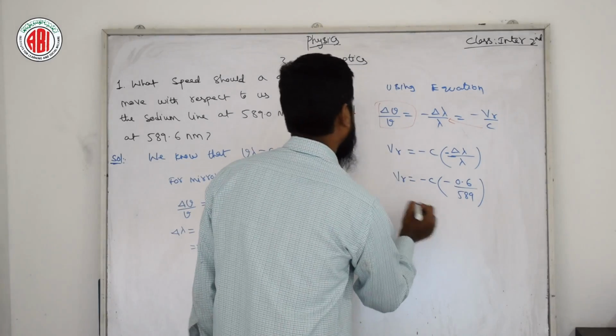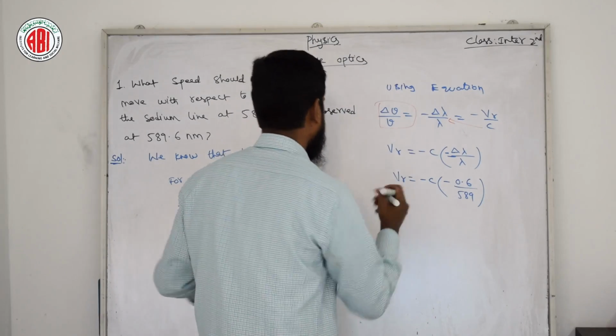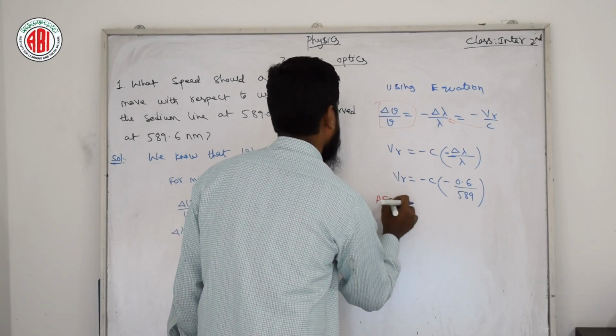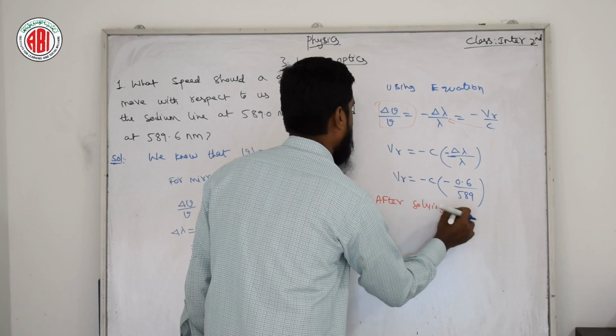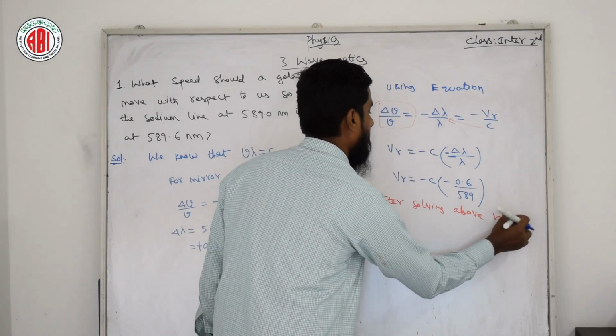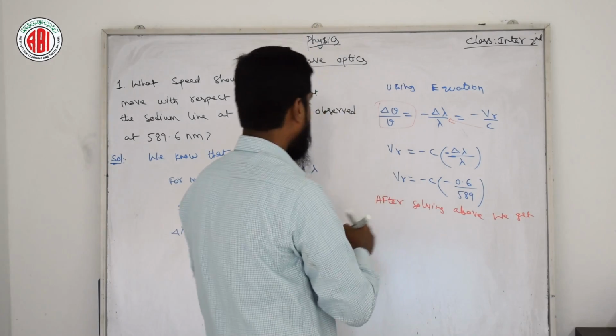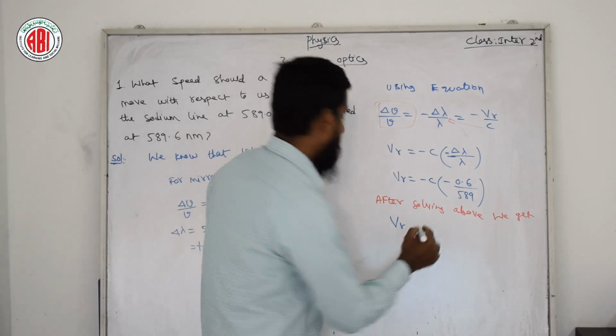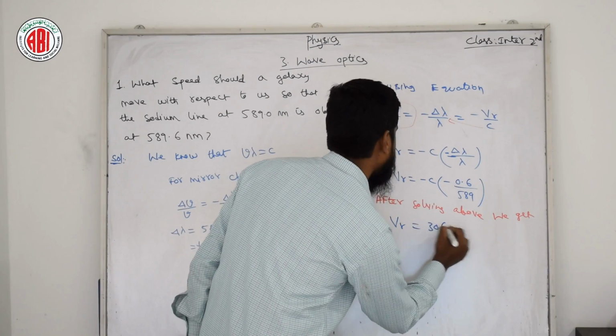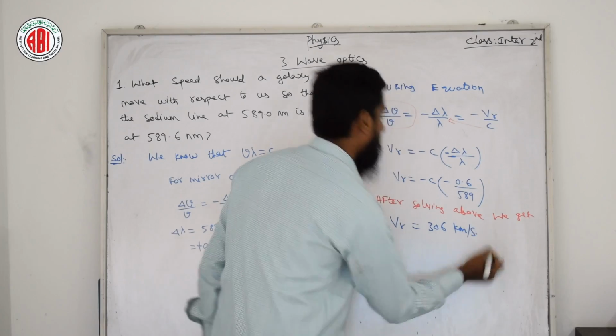After solving the above, we get v radial, that is the velocity, equal to 306 kilometer per second.